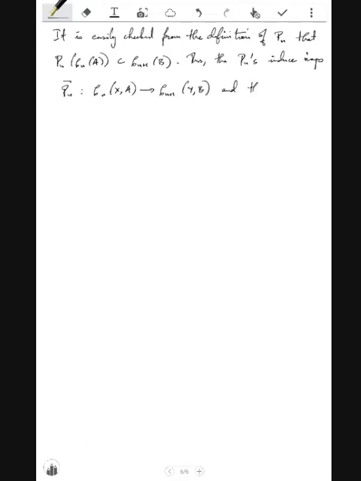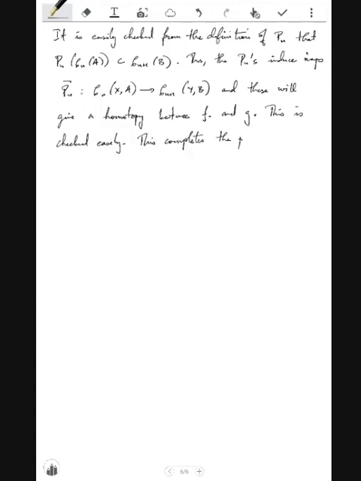And these will give a homotopy between f dot and g dot. So this is checked easily. So this completes the proof of the theorem.